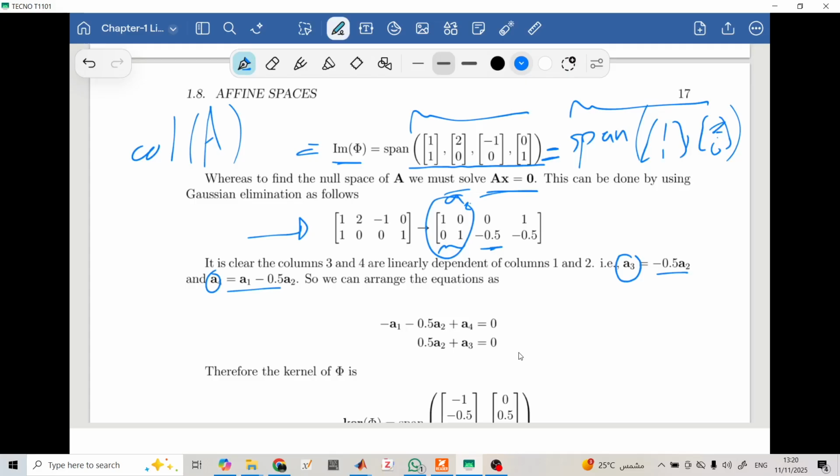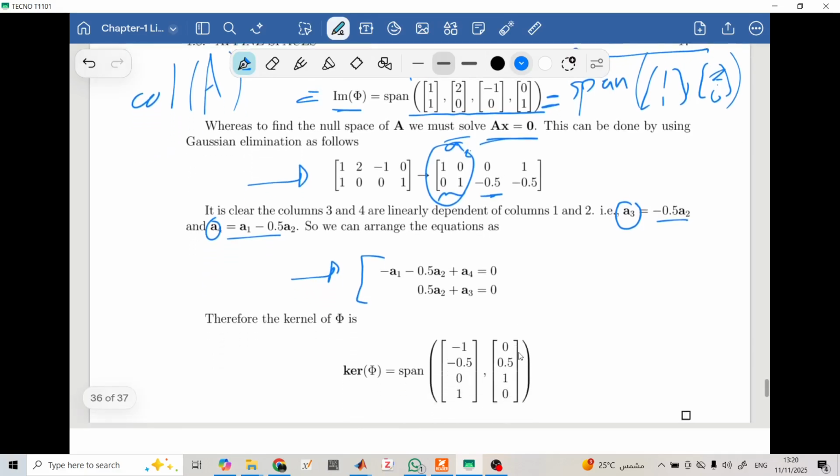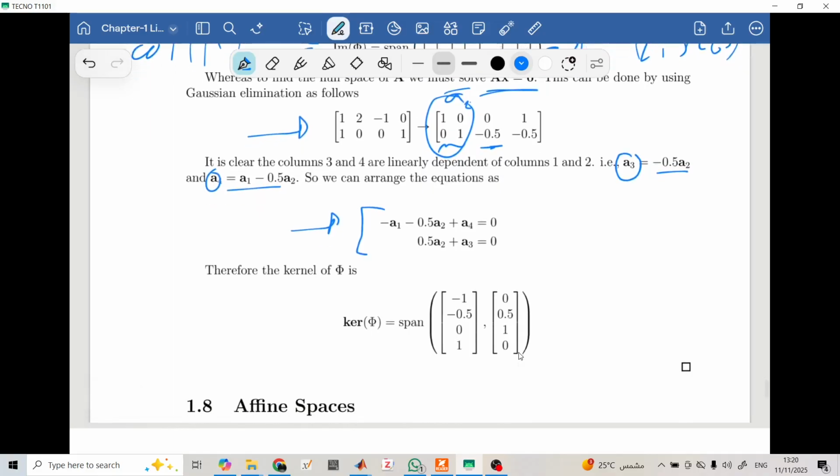Now we put those two in an equation format like this, and then we take their coefficients, and we don't forget all the vectors. So this is minus 1/2 as the coefficient of A2, then we have 0 for A3 and 1 for A4.